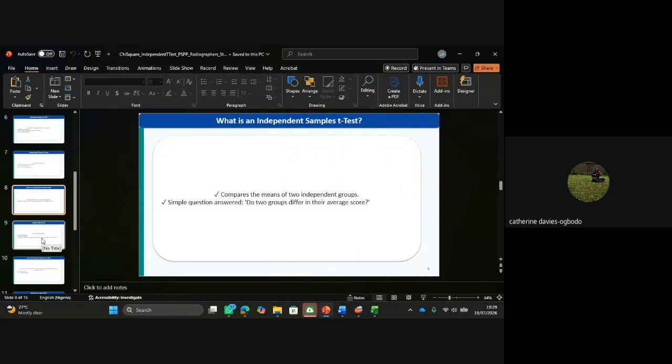I can't use a t-test there because now I'm going beyond two groups. I now have three groups. That's where you talk about the ANOVA test and the rest. That one is something else.